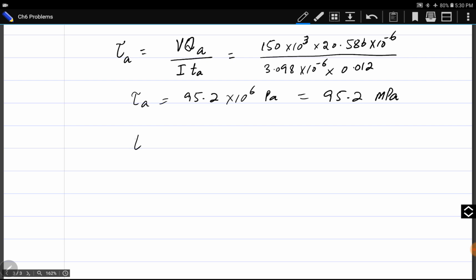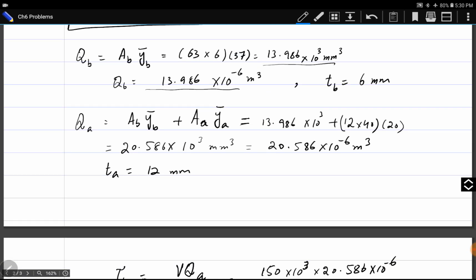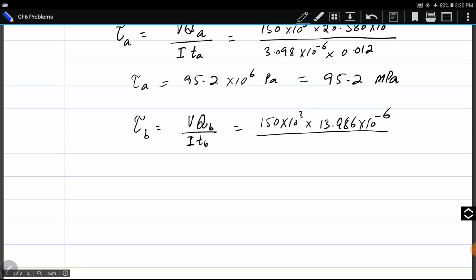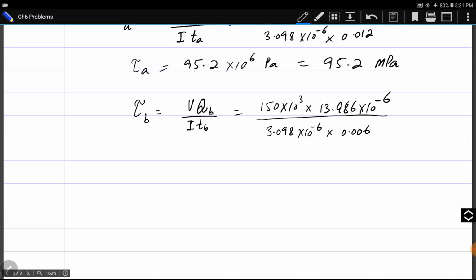Similarly, tau B, shear stress at point B, is V into QB divided by I TB, 150 into 10 power 3. QB is 13.986 into 10 power minus 6. I is 3.098 into 10 power minus 6, and thickness at B was 6 mm or 0.006 meters.